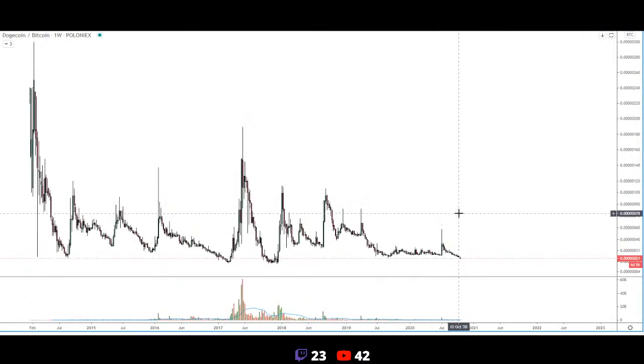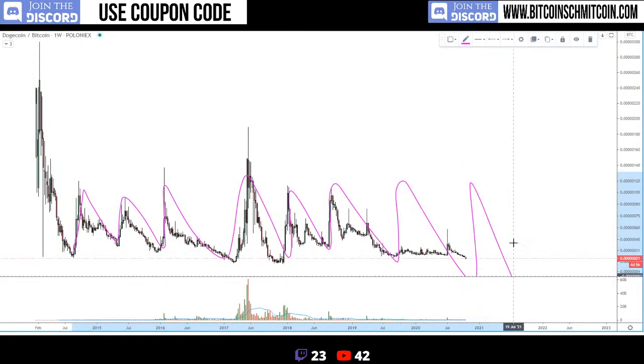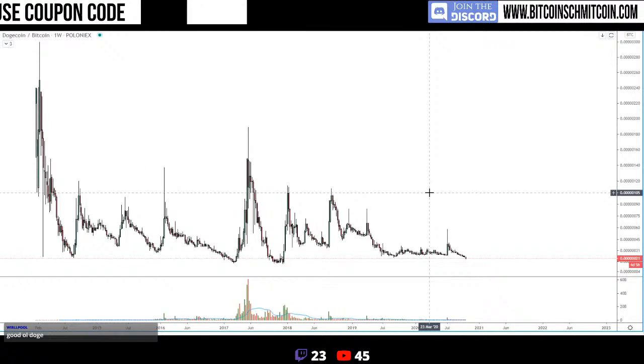Doge is old as dirt, and it still does this sort of thing. Boom, boom, boom. Forever. So I don't think just because a coin is old, it has no upside potential. That's a fallacy. But I generally do agree with that.